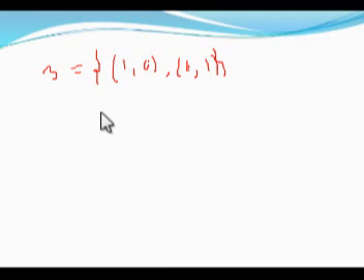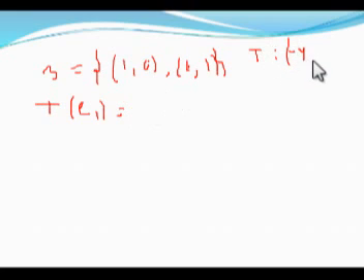So we have to first find out the transformation, the linear operator, of E1. We are given that T is defined this way: minus y, x. So you can remember this question.